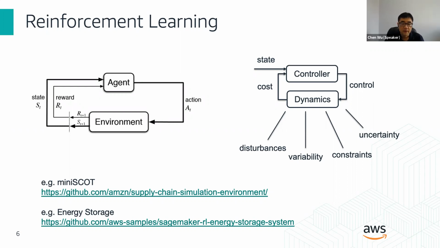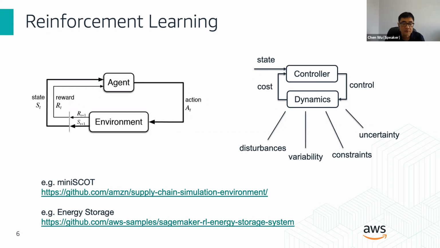I put both up here because I think both of them are quite important, and they are similar. The control diagram somewhat resembles reality, whereas the RL agent-environment interaction is where most of the research has been focused. So it would be nice to combine the two. On the bottom left, you see some links. The first one is about making sure the environment really reflects and represents the true reality.